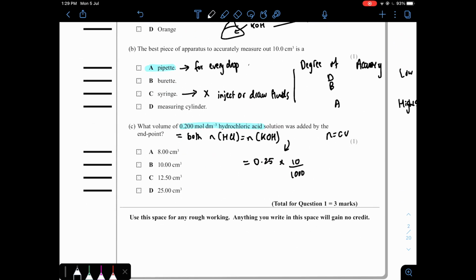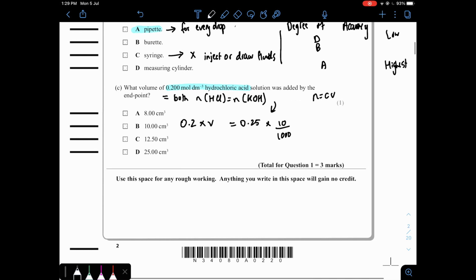We know it's CV, and the concentration is 0.2 times the volume. So all we have to do now is rearrange. So 0.2 V equals 0.25 times 10 over 1000.